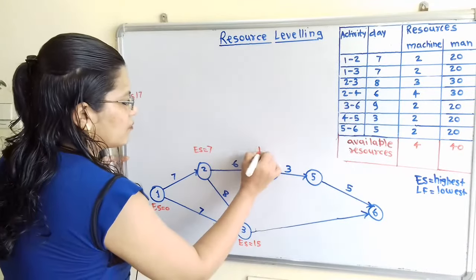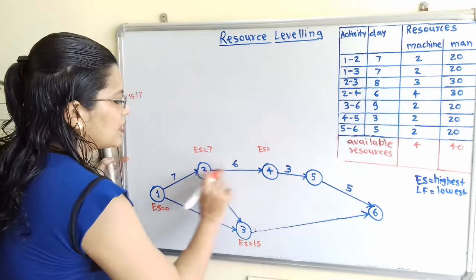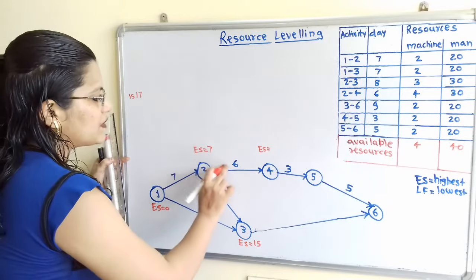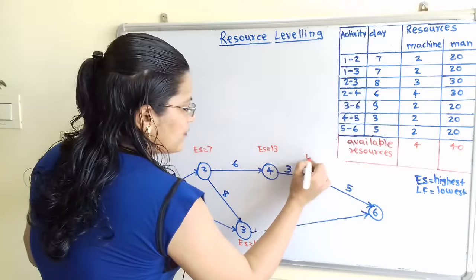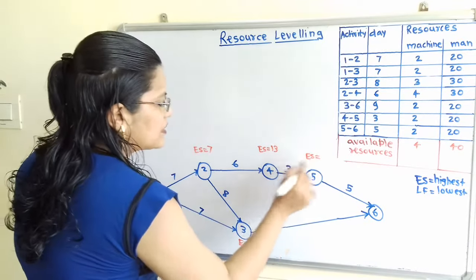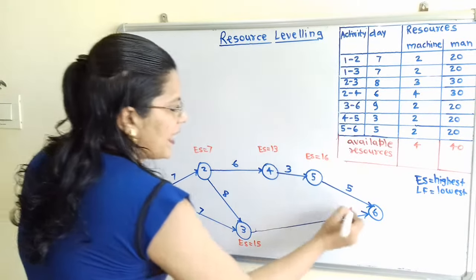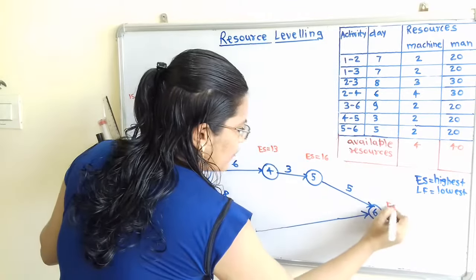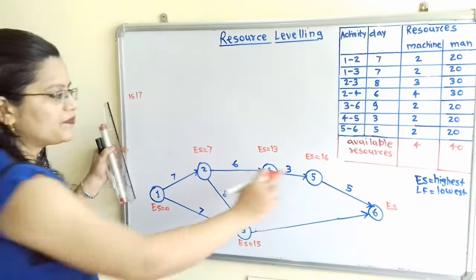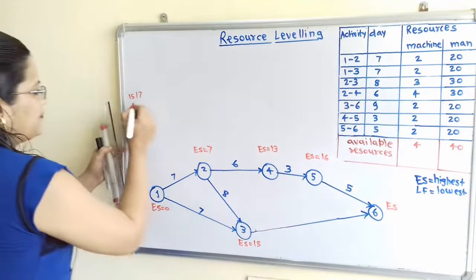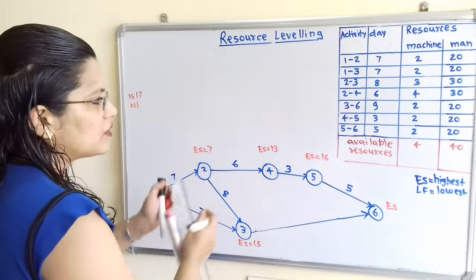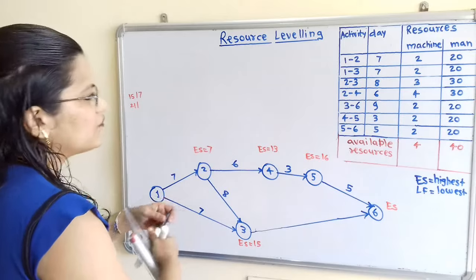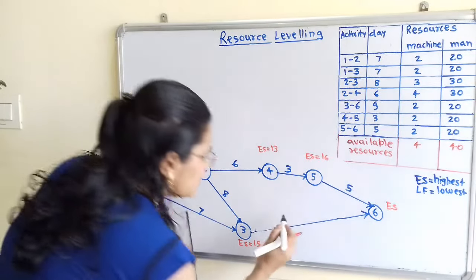Then at node 4, what is the value of ES? Only 1 arrow is incoming, so 7 plus 6, that is 13. Then at node 5, ES is 13 plus 3, that is 16. At node 6, there are 2 options: 16 plus 5, that is 21, or 15 plus the duration for 3 to 6, that is 9.